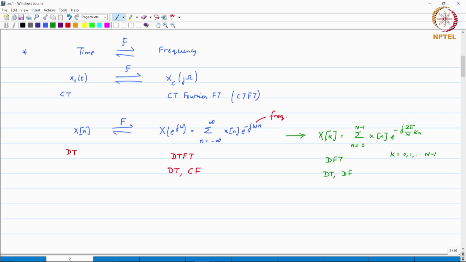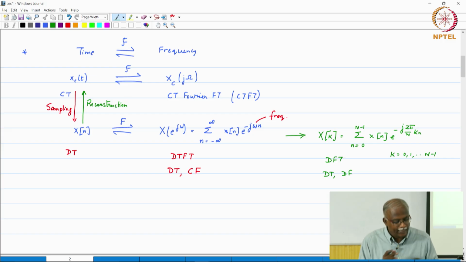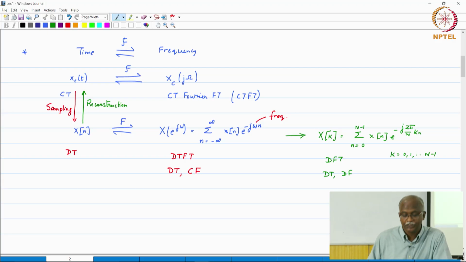But in the context of multi-rate signal processing, what is extremely important is that we always have a link between these two, and going from continuous time to discrete time is the process of sampling, and in the reverse direction it is reconstruction. This is where some of the key elements of multi-rate signal processing come into play and make it a very interesting and very rich area for us to work in.